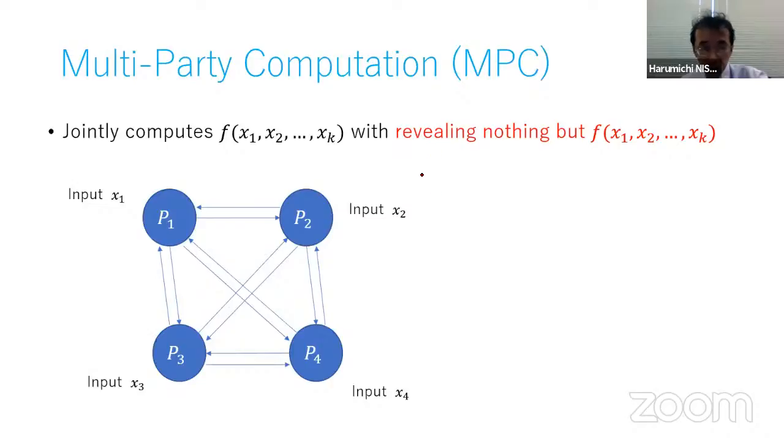This restriction is very hard. So in fact, multi-party computation is not so easy. Of course, lower bounds are more difficult to show.